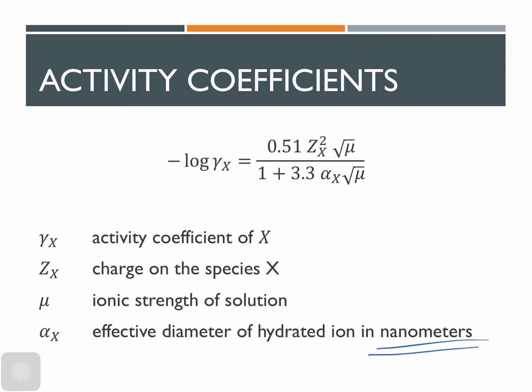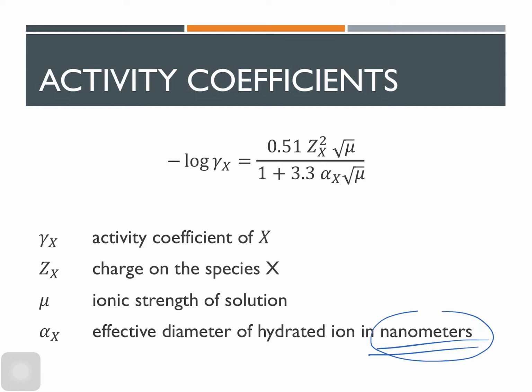It is important for you to take note that the diameter or the ionic size should be in nanometers, because you will encounter different versions of the Debye-Hückel equation depending on the book. However, the only difference is that this one is in nanometers. Some books use picometers.